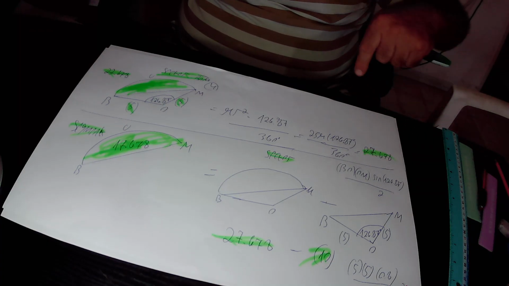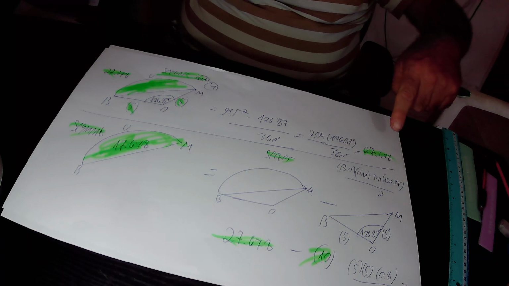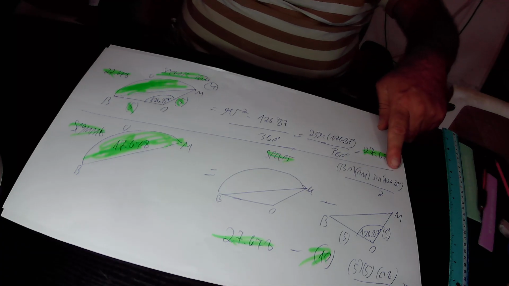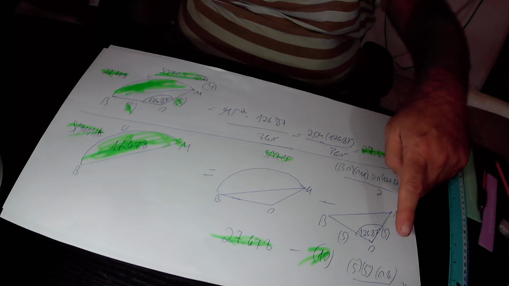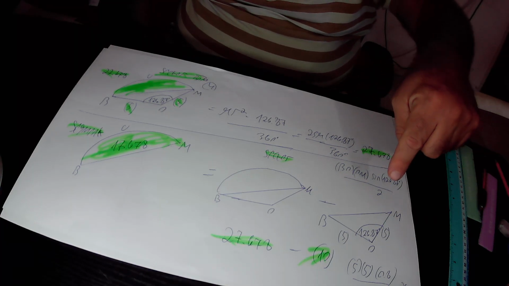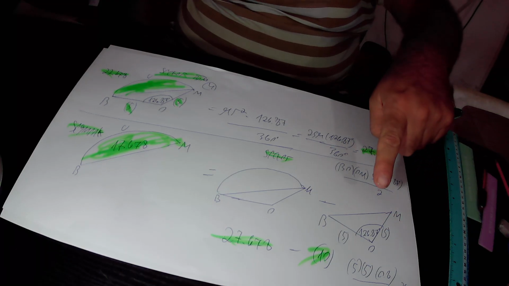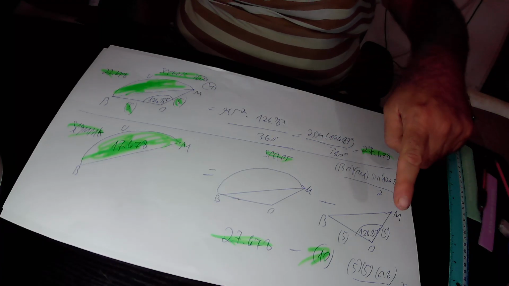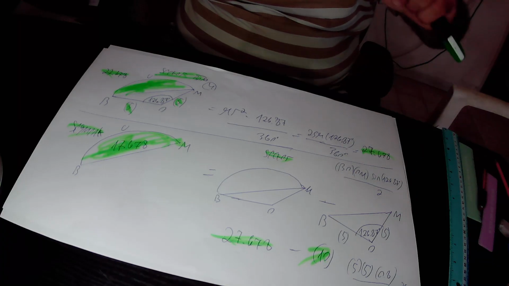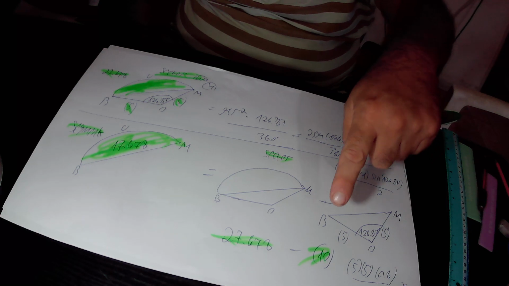BO is 5, the radius of the semicircle, and OM is also 5. Sine 126.87 degrees is equal to 0.8. So the area is 5 times 5 times 0.8 over 2. 5 times 5 is 25, and 25 over 2 is 12.5. 12.5 times 0.8 is 10. So the area of this triangle BOM is equal to 10 square meters.